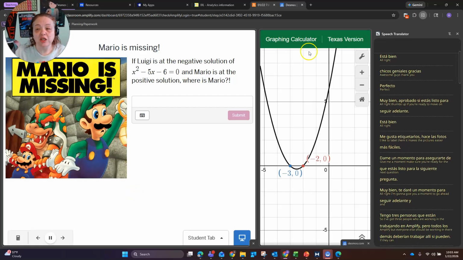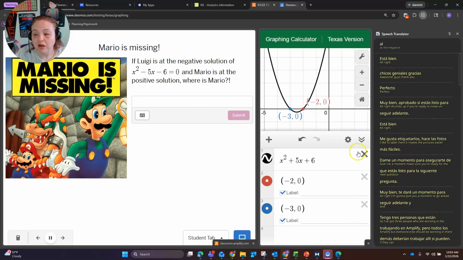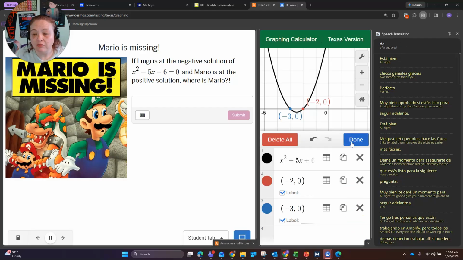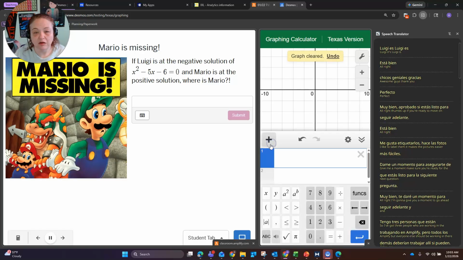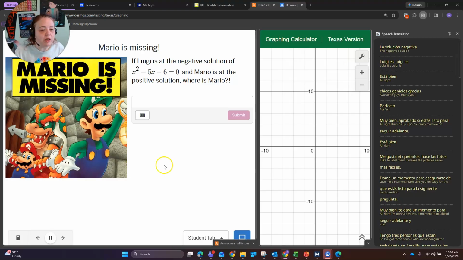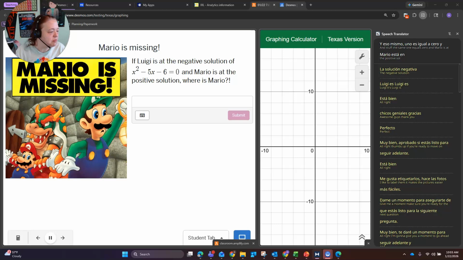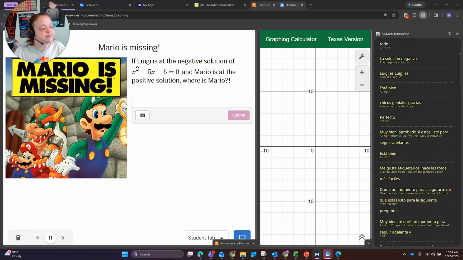If Luigi is at the negative solution of x squared minus 5x minus 6 equals 0, and Mario is at the positive solution, where is Mario? All right. Same process. I keep repeating myself, but this is something I have to keep reminding myself that I'm doing. So about a minute on the timer.